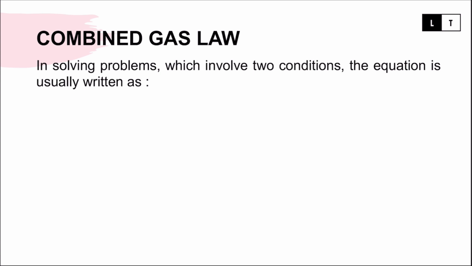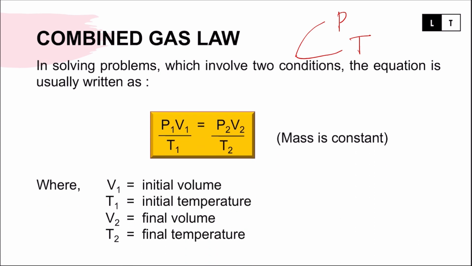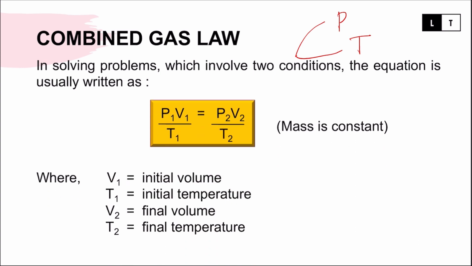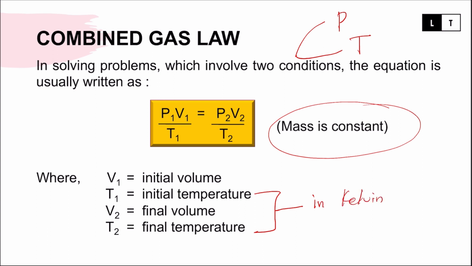Yang pertama adalah pressure dan yang kedua adalah temperature. Apabila kita combine Boyle's law and Charles' law, awak akan tulis sebagai P1V1 over T1 equals to P2V2 over T2. Dan dalam kes ini, mass is constant ataupun number of mole is constant. Dan jangan lupa, temperature masih lagi in Kelvin, wajib kena convert.